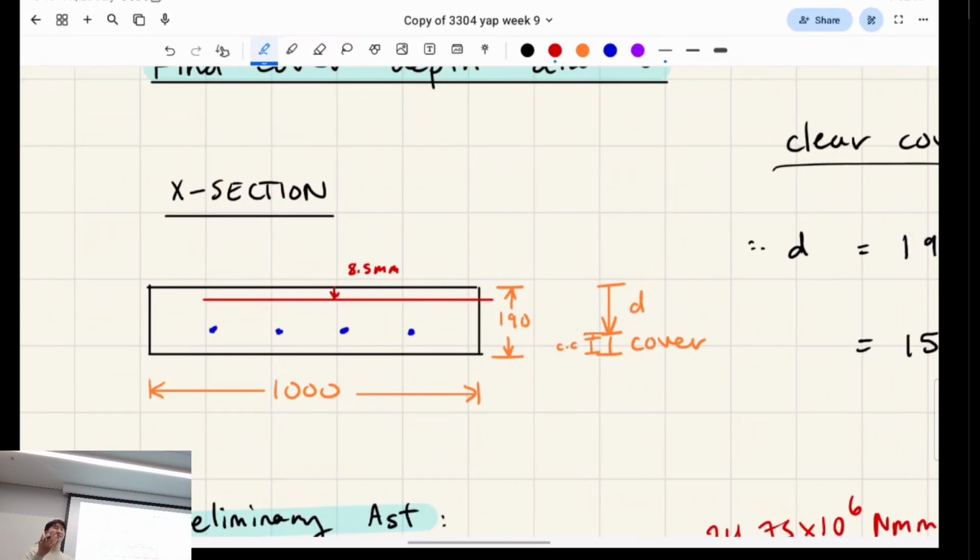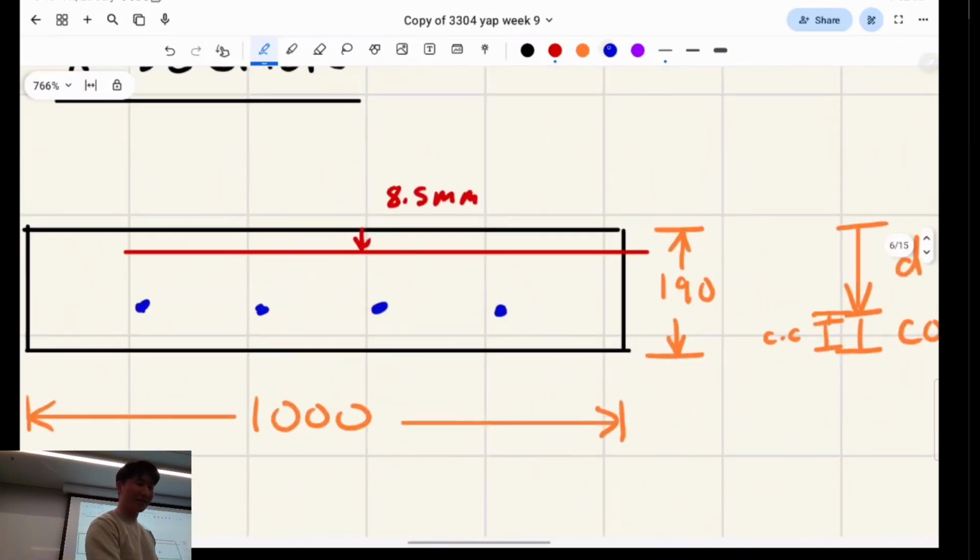If the depth to the neutral axis is only 8 mil from the top, do you reckon we need compressive steel? No. Yeah, exactly. Because you only need compressive steel to shift the neutral axis up. But if you have compressive steel, it will actually do a negative thing because it needs to clear the cover checks, so it would actually shift the neutral axis down. So it'll actually be tensile steel, right?